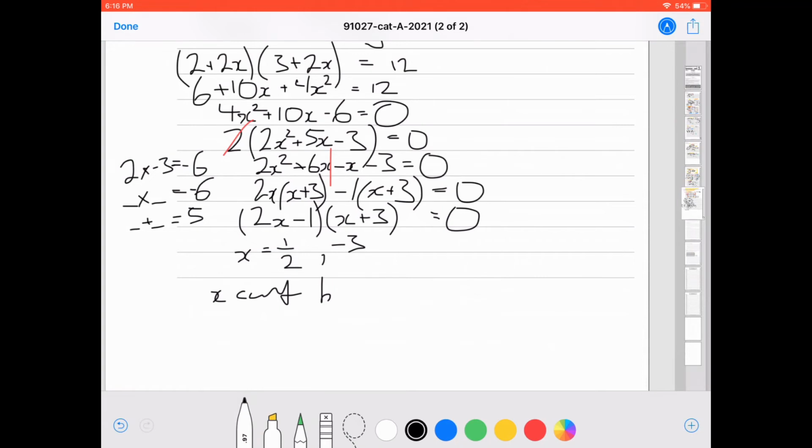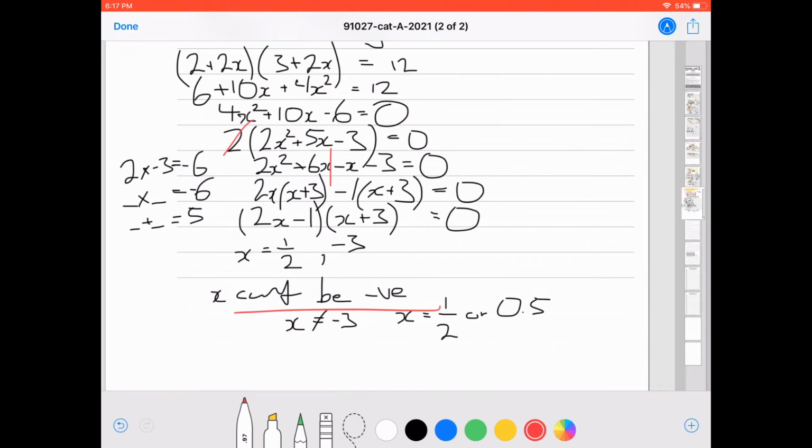Okay, and completing this, correct positive solution found for the question with evidence of the correct negative value disregarded. So that's this statement here, x can't be negative. Gets you the excellence here.